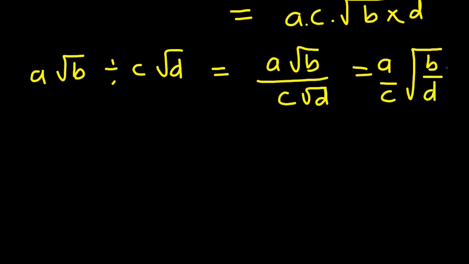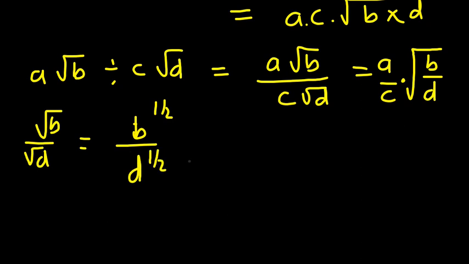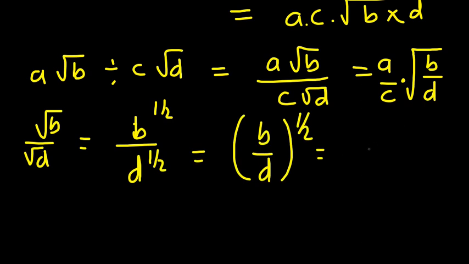It's just the same thing. Here, moving from root b over root d is just the same as b to the half over d to the half, which is b over d to the half, which is the square root of b over d.